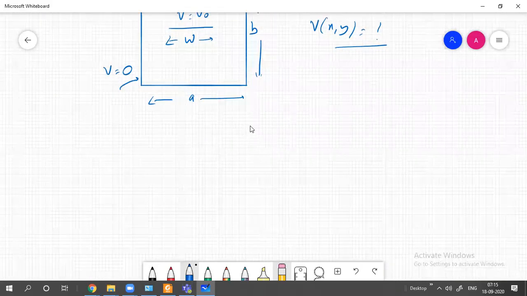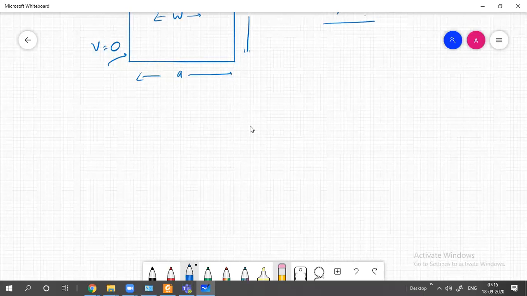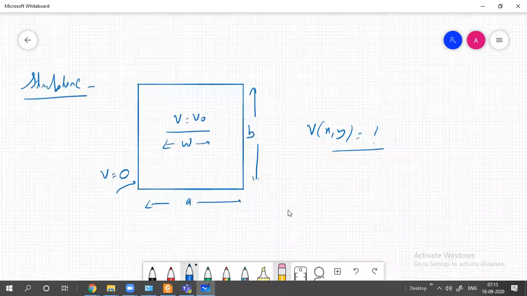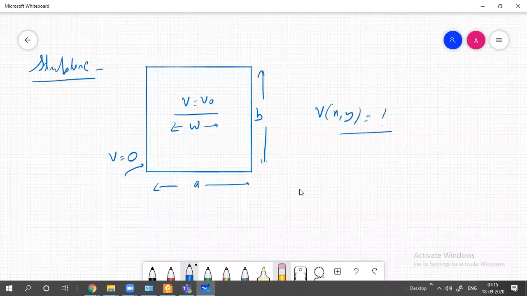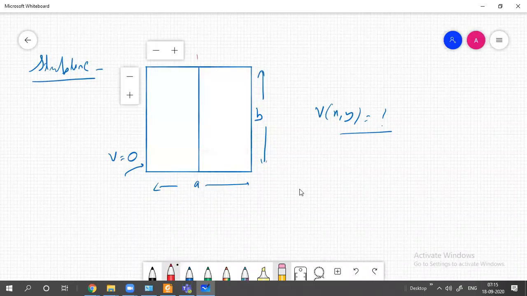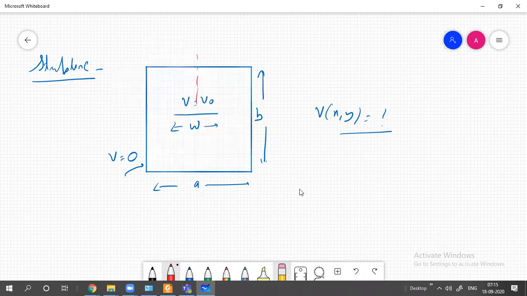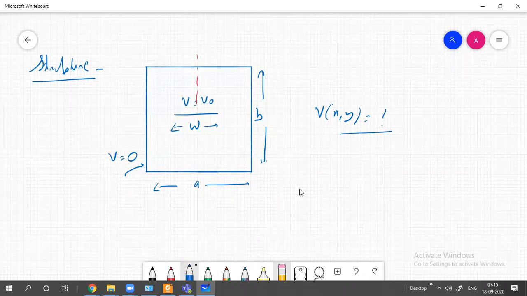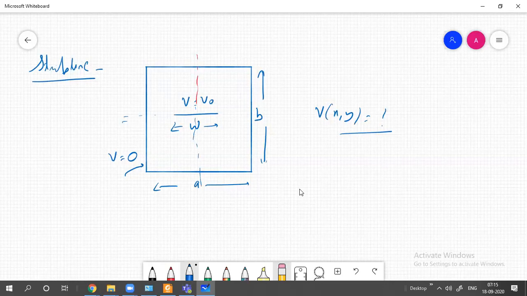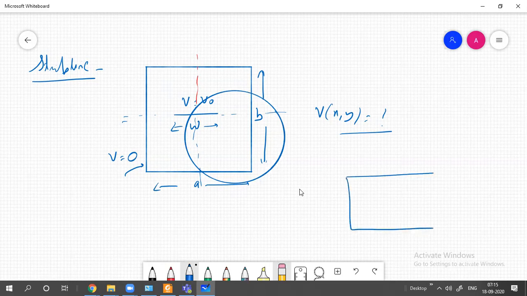We used the symmetrical property, divided the region like this, and took one quadrant of it. Our one quadrant looks something like this.